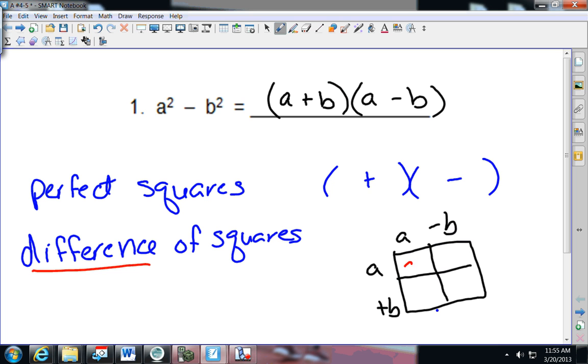A times a is a squared. A times negative b is negative ab. A times b is ab. B times negative b is negative b squared. Well, as you see right here, these two cancel out. That's where I come up with the a squared minus b squared right there.